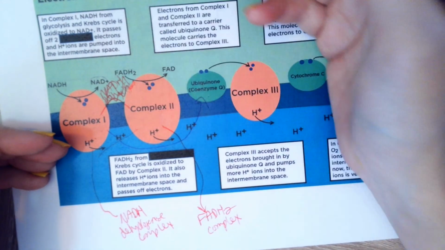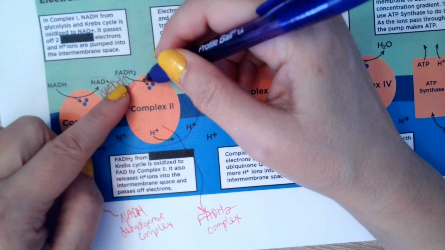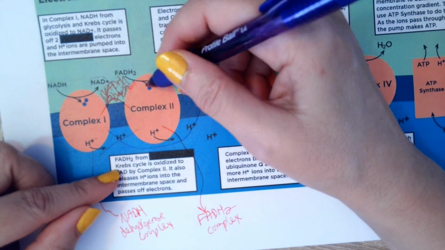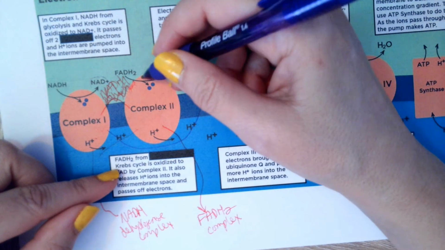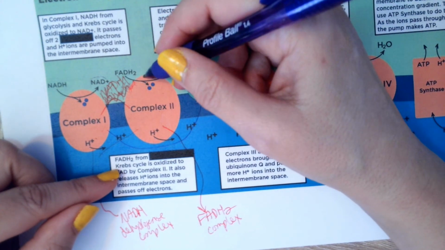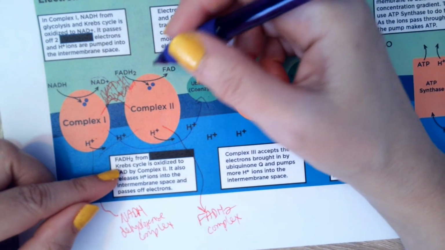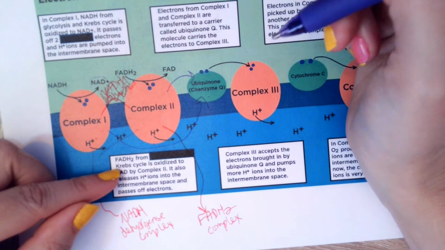The hydrogen goes into the intermembrane space. Meanwhile, FADH2 is going to be oxidized by complex 2. So complex 2 is taking the electron off of FADH2, just like complex 1 did to NADH. That electron is going also to ubiquinone.